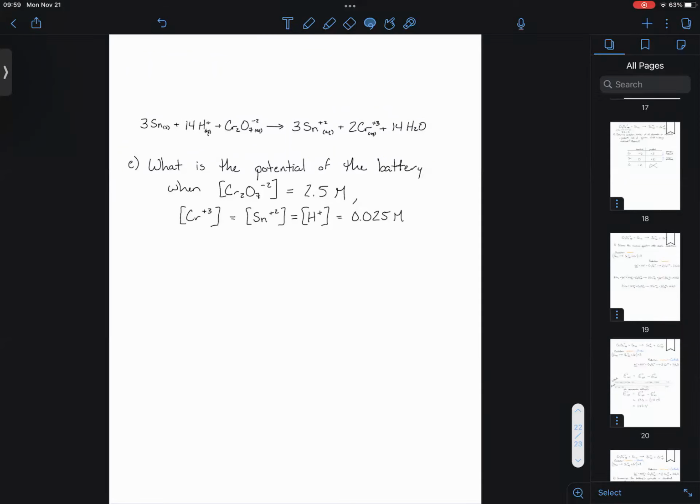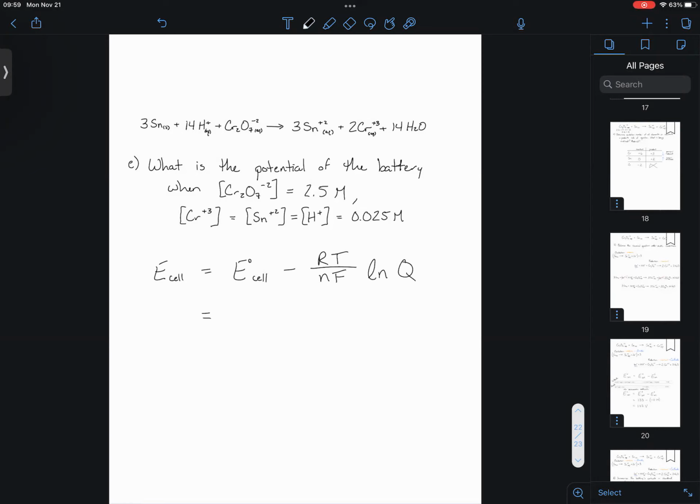And then our equation here was that the E of the cell equals the E naught of the cell minus RT over NF times the natural log of Q. Remember, we solved for that E naught cell below.